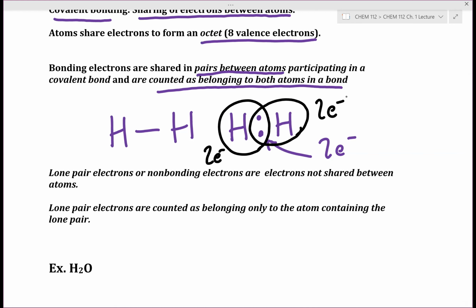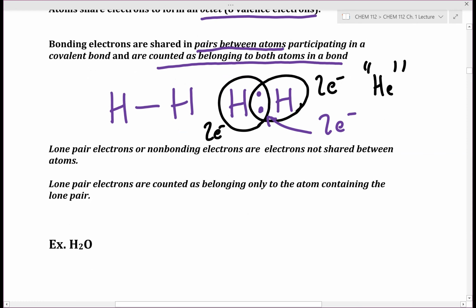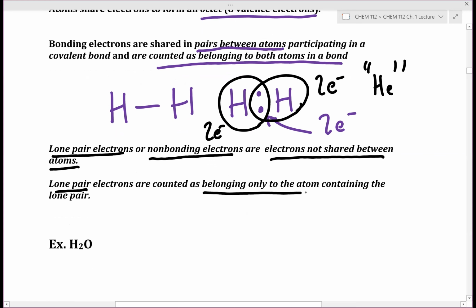So both of these hydrogen atoms have a quote-unquote helium-like configuration, and they're stabilized as a result of this. Now, lone pair electrons or non-bonding electrons are electrons that are not shared between atoms. Lone pair electrons are counted as belonging only to the atom containing the lone pair.